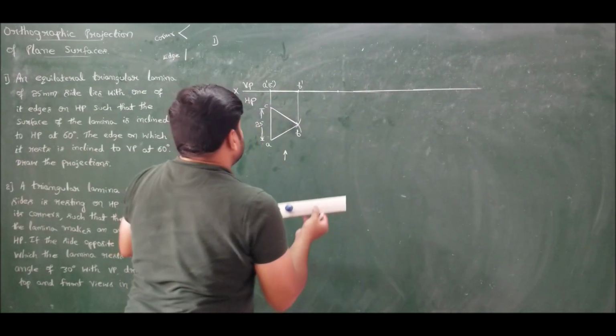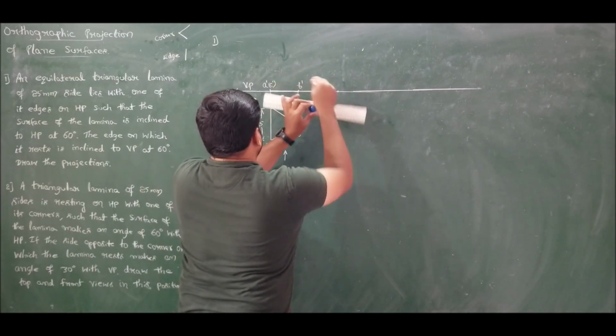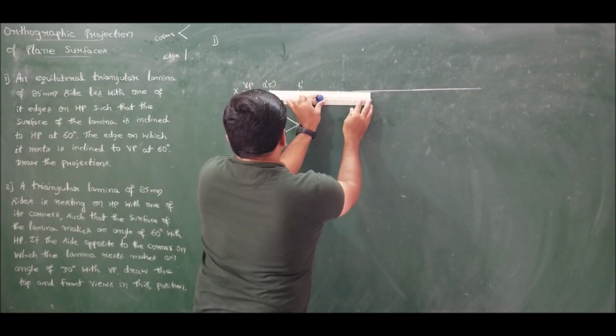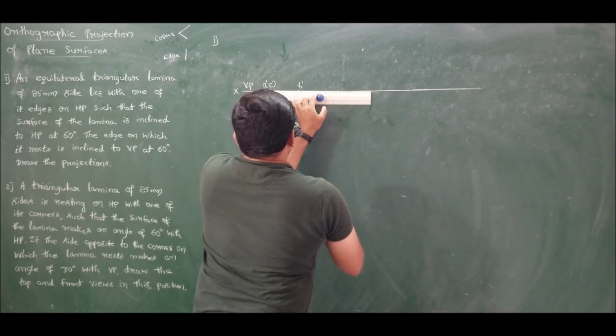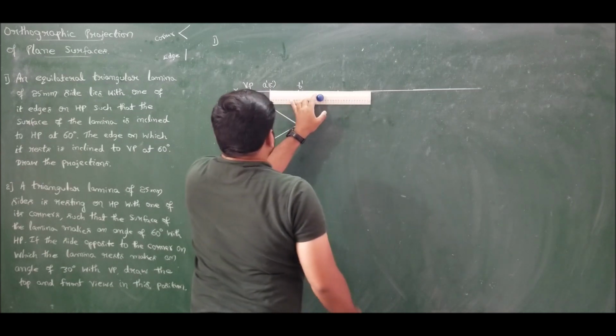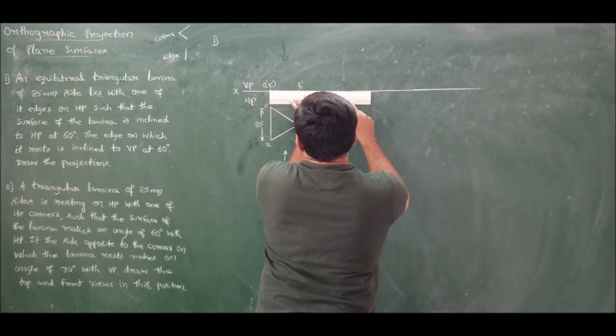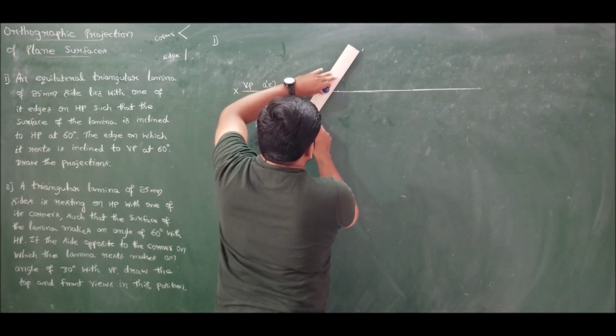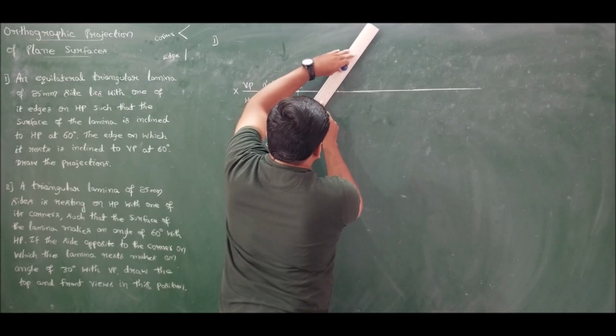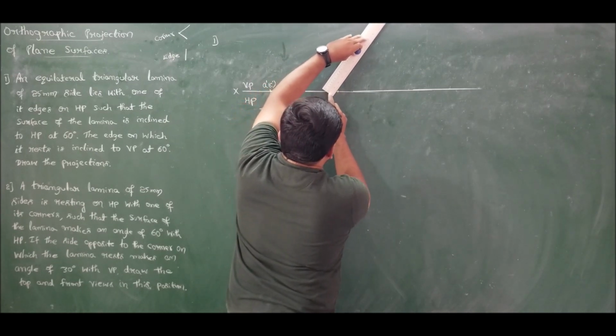Now you transfer this lamina. In the front view the lamina is measuring 21 millimeters. So draw a line of 21 millimeters at an angle of 60 degrees.